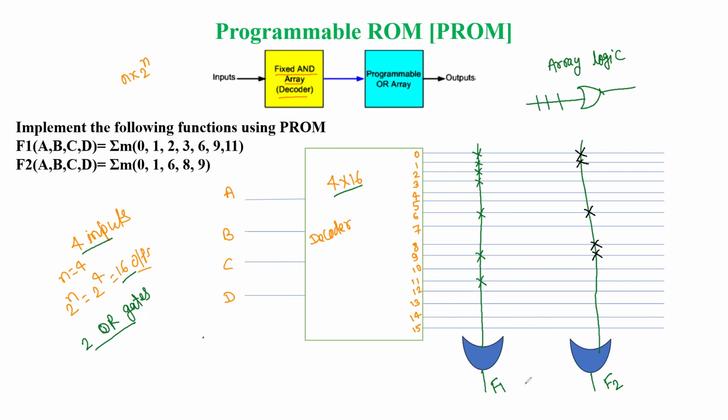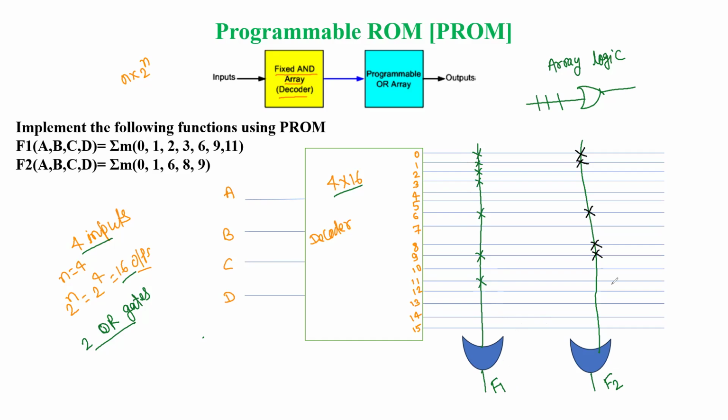This F1 represents one OR gate output, and the other OR gate output is F2. Easily we can connect. In place of connecting so many wires from the decoder outputs to the OR gates, it is better to use the concept of array logic so that it can be constructed.